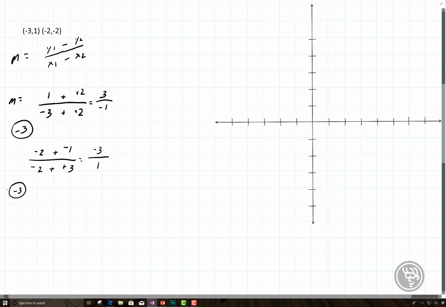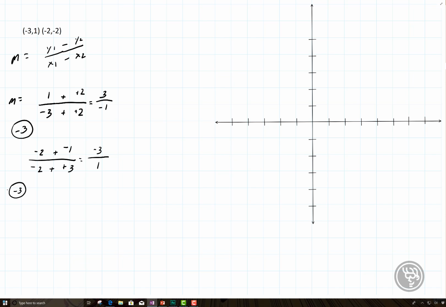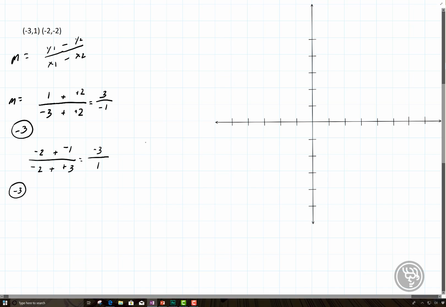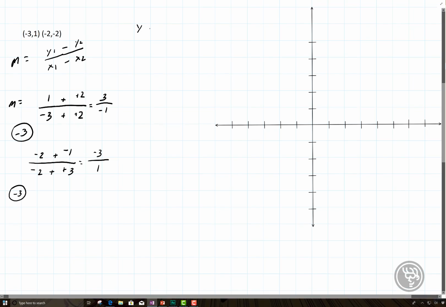Okay, so now that we have our slope, let's go and do our y-intercept formula. So we have y minus y1 is equal to m times x minus x1. Okay, so we know our m now. We figured that out. So we're going to say y minus, and then the easiest point here, I think, is the one with the 1.